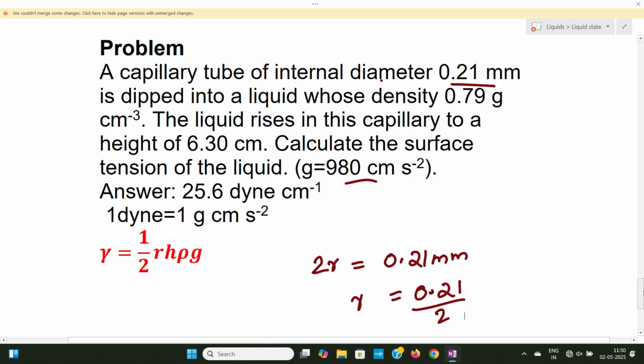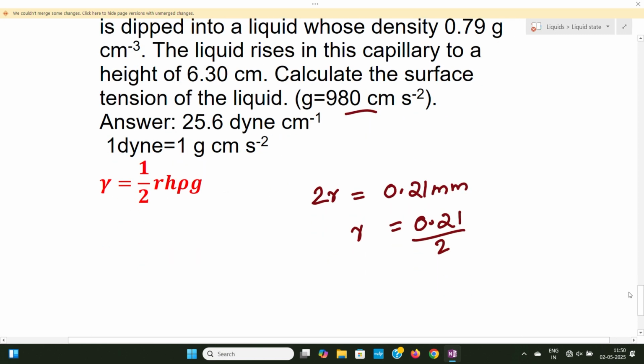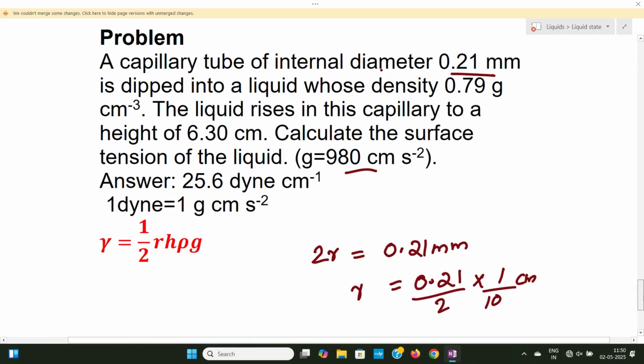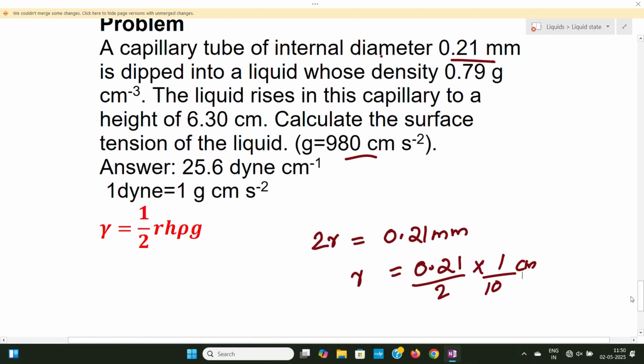Then, to convert this millimeter into centimeter, we have to multiply by 1 by 10. Then, this will be in centimeter. Then it is given that it is dipped into a liquid whose density is 0.79 gram per centimeter cube.